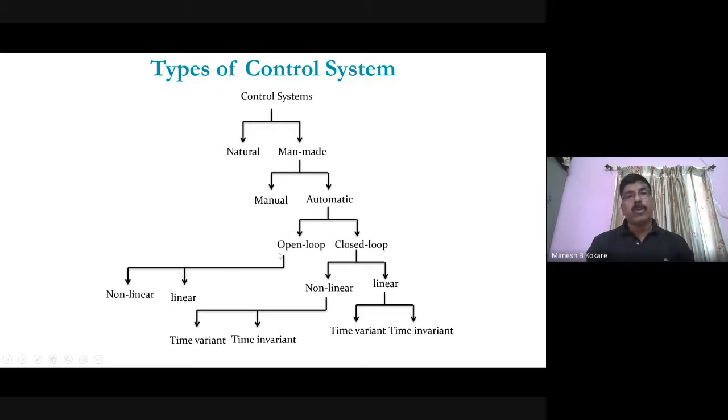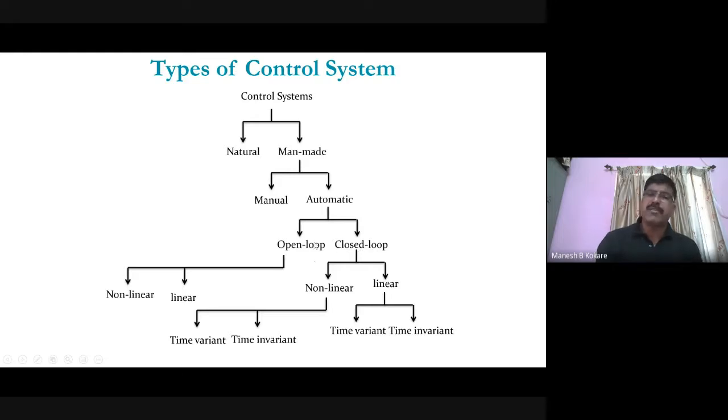In open loop also, these are further classified as non-linear control system and linear control system. You know that open loop control system means there is no feedback, whereas in closed loop control system there is a feedback. So these are simple in design, these are difficult in design, this is economical, this is costlier, and so on.